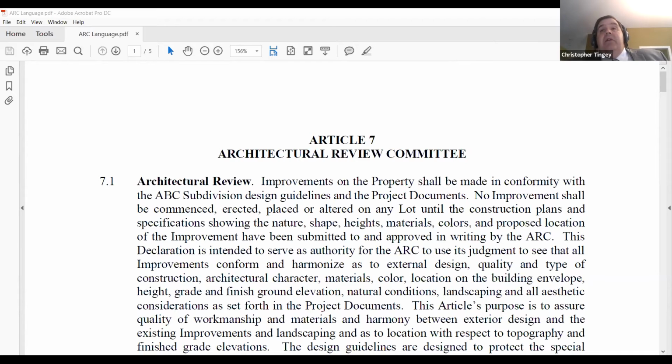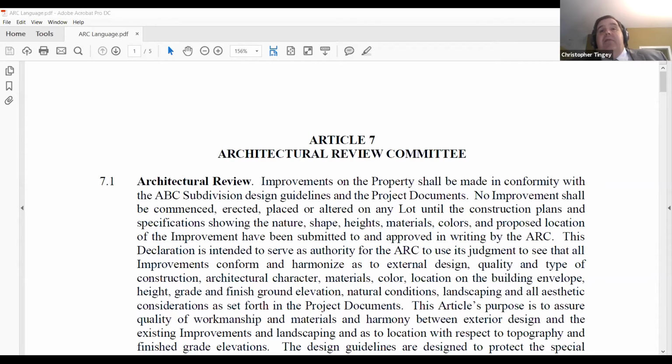And here you see the ARC has the power to hire an architect to assist. And then you can set fees if you need to in detailed plans. And then the key is often a decision provision like this one, which says the ARC shall render a written decision approving or denying the application, or it says you can ask for an extension, but you don't have to consider it until you have all your materials.